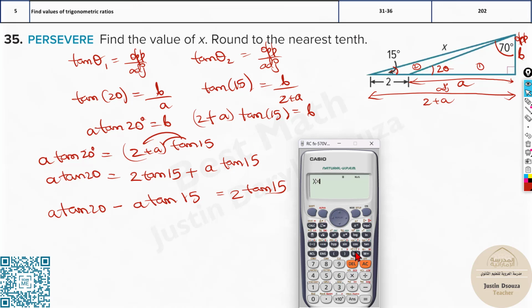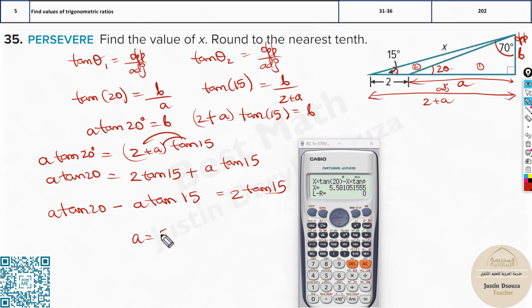Alpha x multiplied by tan 20, close the bracket, minus alpha x multiplied by tan 15, close the bracket, that is equal to 2 times tan 15, close the bracket, shift and solve, then equal to. The answer is 5.58. That is the A value which we got.